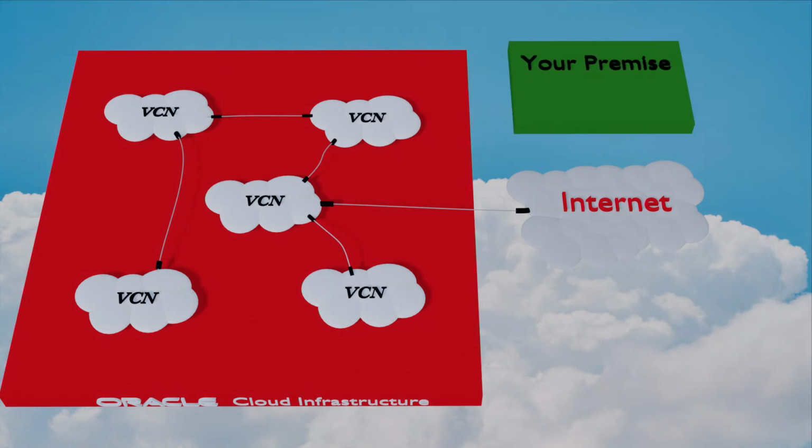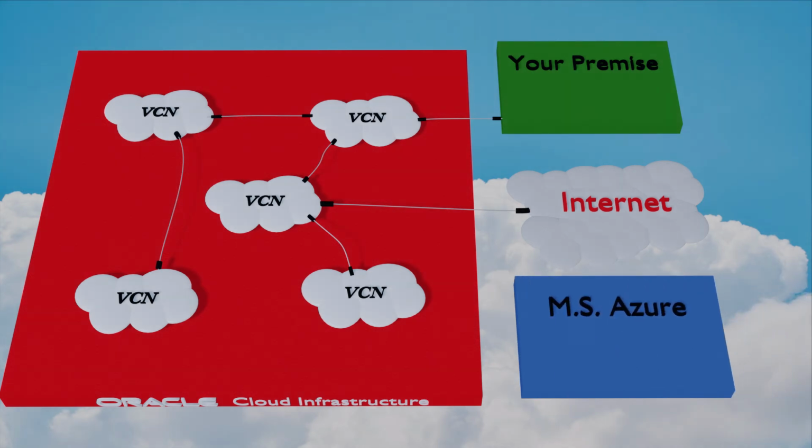It is also quite common to connect one or more of your VCNs to your on-premise systems. You may have reasons for not moving everything to the cloud. These reasons are often regulatory in nature. You can connect using a VPN technology and accelerate your connections between your cloud applications and your on-premise applications.